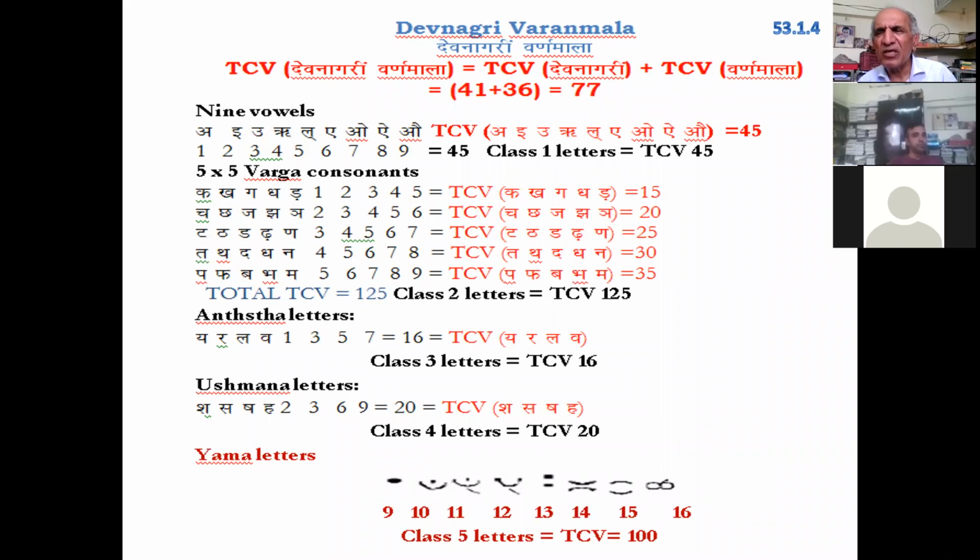Likewise, the Varga consonants, Anthastha letters, Ushmana letters, and Yama letters as well have their specific placement values, that is specific transcendental code values.